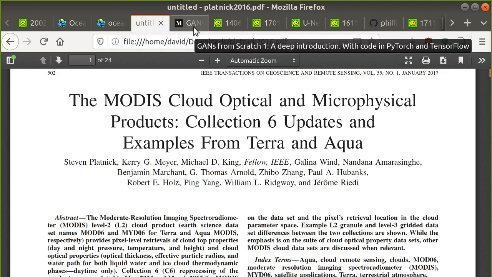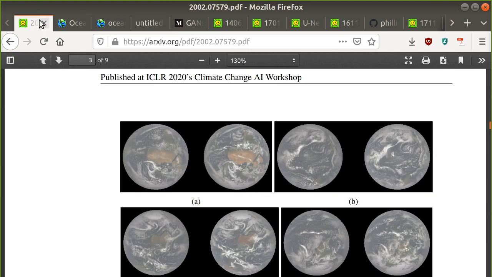So, like I said, this approach that we're covering today, they want to generate, given these meteorological variables across the globe, realistic images of clouds as seen by the satellite. And they don't only want to calculate the expected mean value of the image given the inputs.